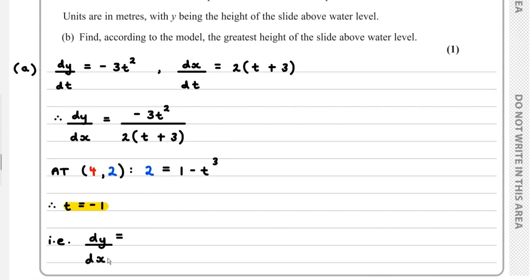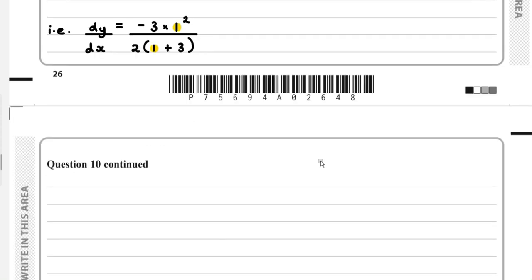So dy over dx will equal -3 multiplied by (-1) squared over 2 multiplied by (-1 plus 3). And so we have dy over dx equaling -3 over 4.